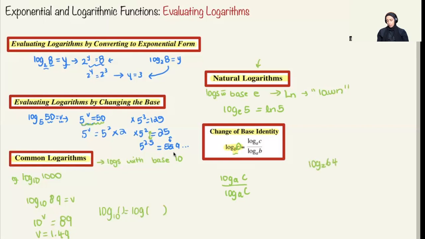Okay. And a good example of this is if you had something like this, log base 2 of 64. All right. Then you're saying, okay, well, how do I do this? Then I'm saying I need to solve what that is. And so you're saying, oh, 2 to the power of v is equal to 64. Now, here's the thing. 2 to the power of 6 is 64.